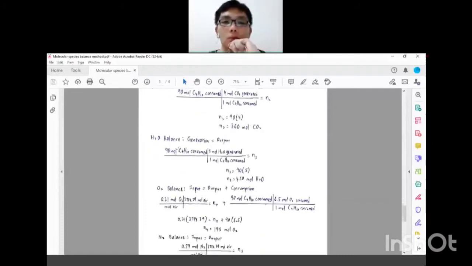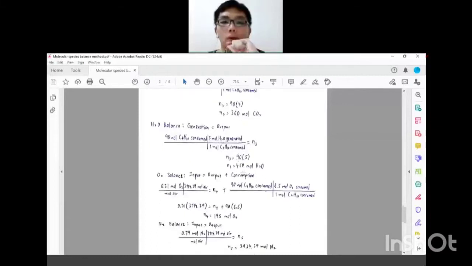And for the water balance, generation equals output. So the output equals N3, and then generation will be 90 mole of the butane consumed multiplied by 5 mole of H2O generated. So it will be equal to 450 mole of H2O.